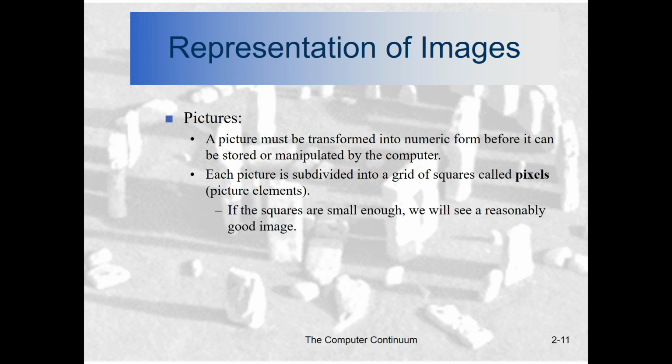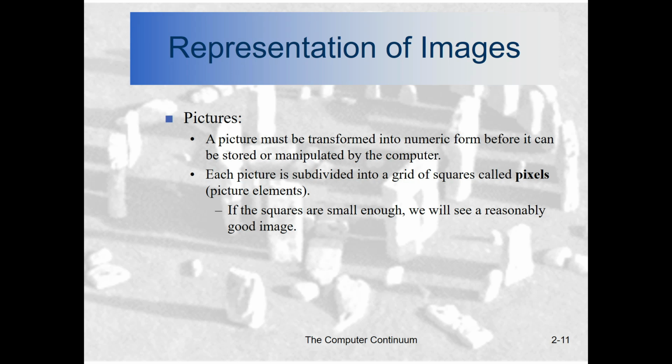Okay, so again, a picture must also be transformed into numeric form before it can be stored or manipulated by a computer. Each picture is subdivided into a grid of squares called pixels. We'll discuss what a pixel is later on. If the squares are small enough, we will see a reasonably good image.